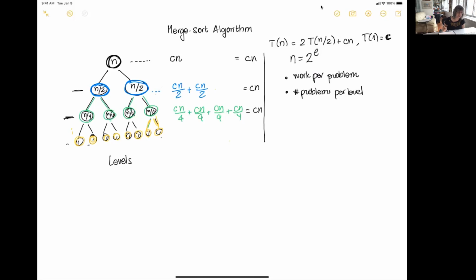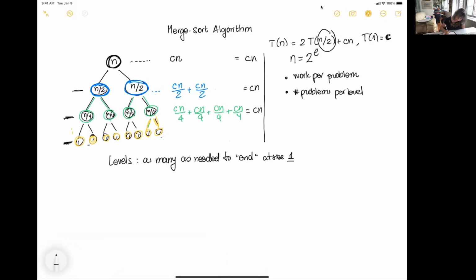The size of the problem is the important thing here, because there are as many levels as needed to end at size 1. So the last one is going to be size 1. In order to determine how many levels we need, it's important to know the consecutive sizes, and the consecutive sizes in this case are determined by halving.